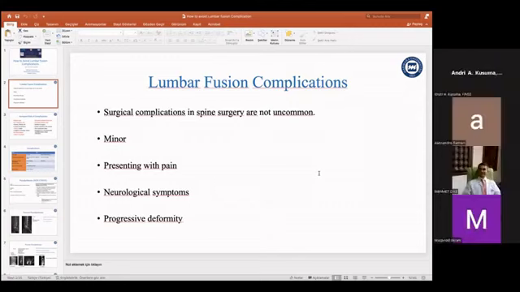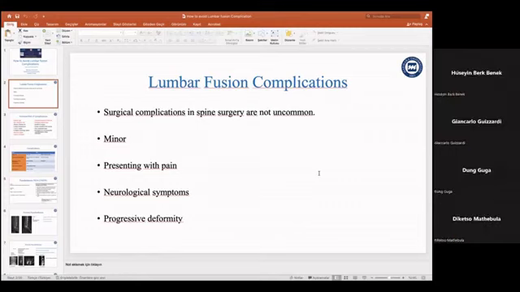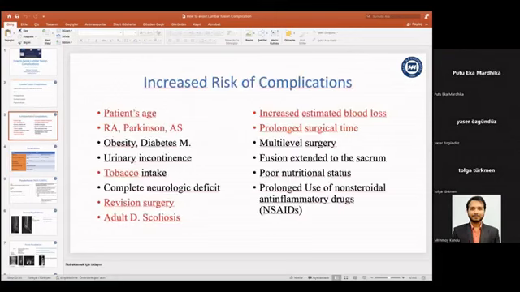A lot of complications are minor complications. These complications sometimes present with pain, sometimes with neurological symptoms, sometimes with progressive deformity. And the most important thing is, I think some patients have high risk.